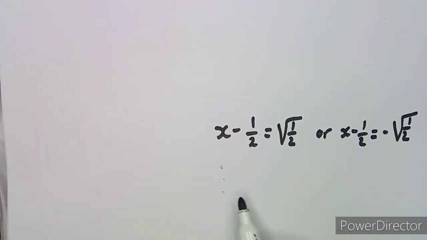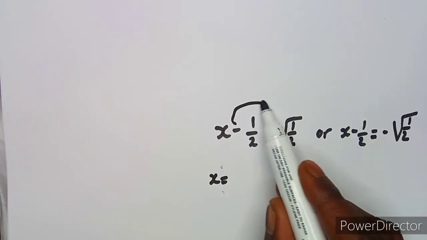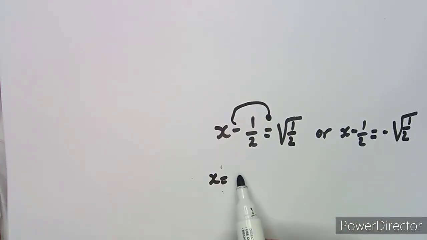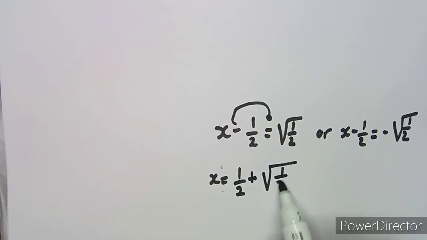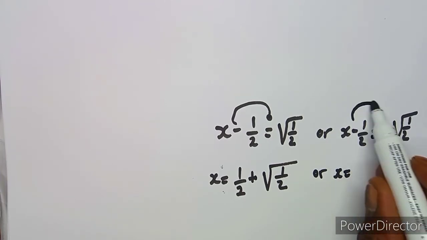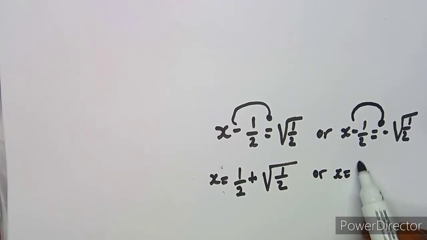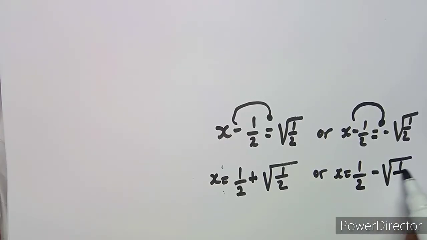All right, so that means x is equivalent to minus half to this side, it's a plus, so it is going to be half plus square root of 1 over 2 like this, or x is equivalent to plus half minus square root of 1 over 2.